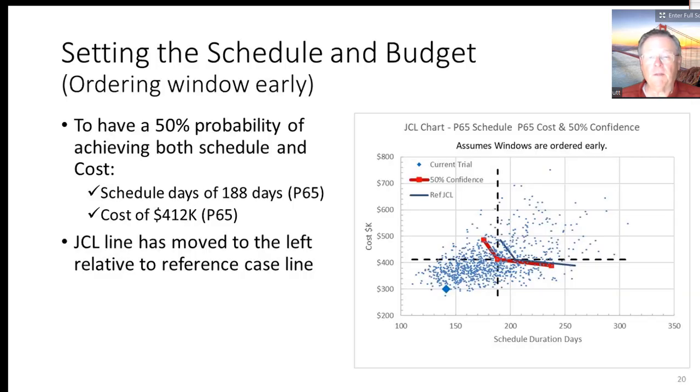So then we can look at the updated JCL chart to have a 50% probability of achieving both the schedule and the cost. The scheduled days, if we have scheduled days of 188 days, which is really the P65, so this is going to be the 188, and a cost of 412, which is the P65. Here's the 412. We then get our 50% down here in this quadrant.